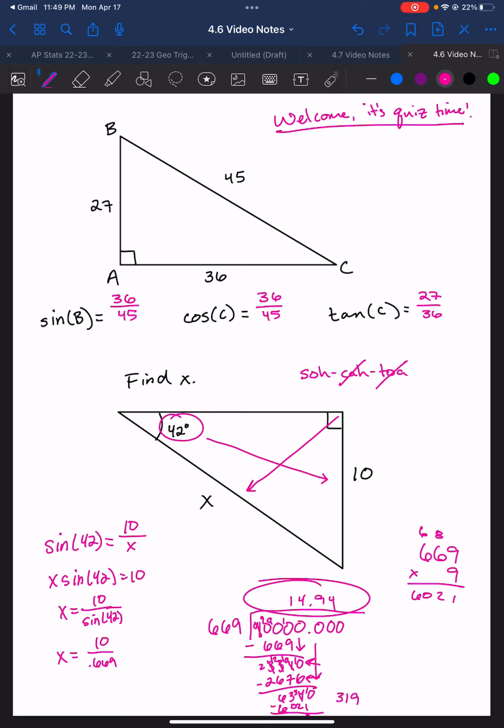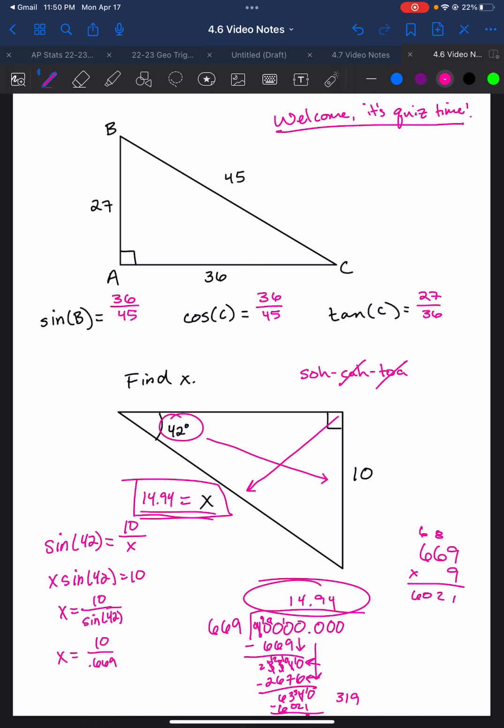So I'm going to go ahead and call that good. Call that my X value of 14.94, just because I'm running out of space, but also because we're doing this by hand. So in this case, as you're working through this, looking at your rounding, here is your values.